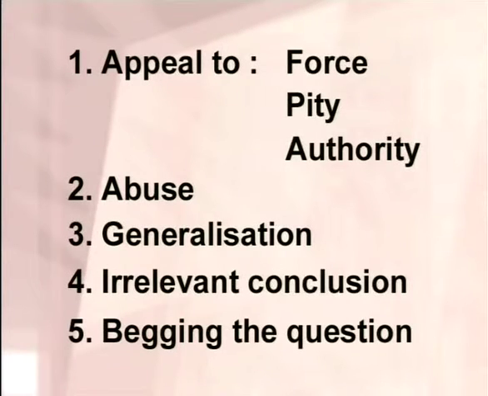Right, so in this lesson, we looked at fallacies, this idea that there are major errors in argument which we can sometimes make. We started with the fallacies of relevance. They were an appeal to force, pity, or authority, also the abuse of argument, generalizations, making irrelevant conclusions, and begging the question.